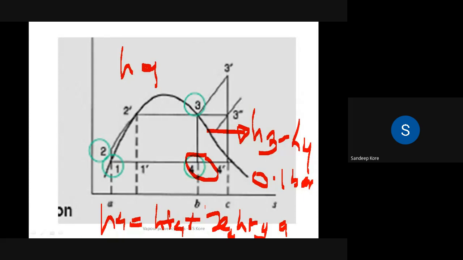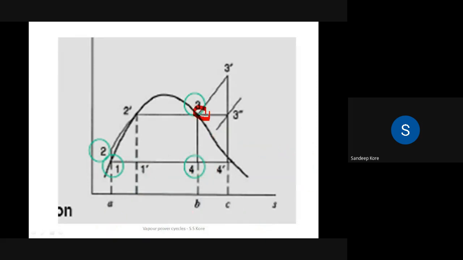But x4 is not known. How to find out x4? To find out x4, we have to equate the entropy at point 3 and entropy at point 4. That is S3 is equal to S4. At point 3, the steam is dry, so directly we refer Sg from the steam table.